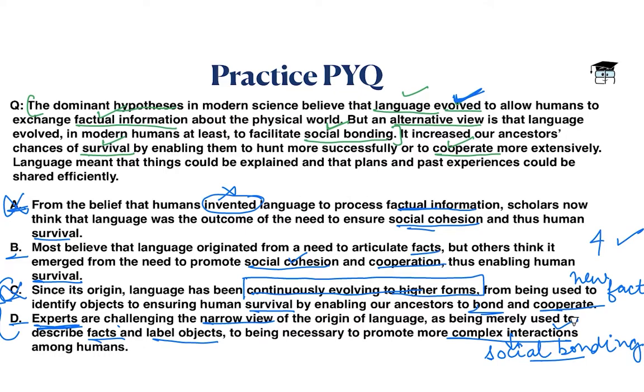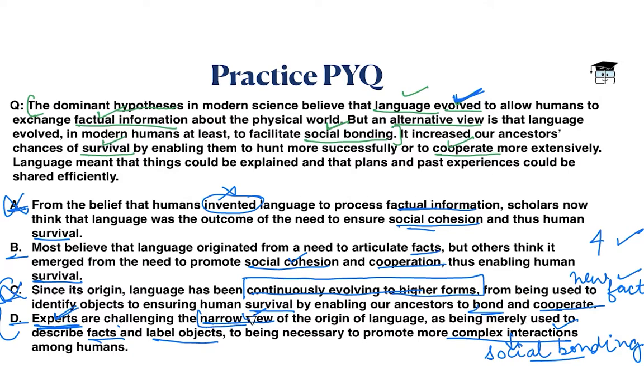So that means you have to work upon your vocabulary to understand these words. But again, if I read this statement again with a narrow perspective, I would be able to identify words like experts and narrow view. Now, experts is a word which is listed nowhere in the whole paragraph. No one is talking about experts here. So again, a new fact has been listed. Already it cannot be my summary. Also, it is missing out 2 major facts, which are survival and cooperation. So again, it cannot be my summary.